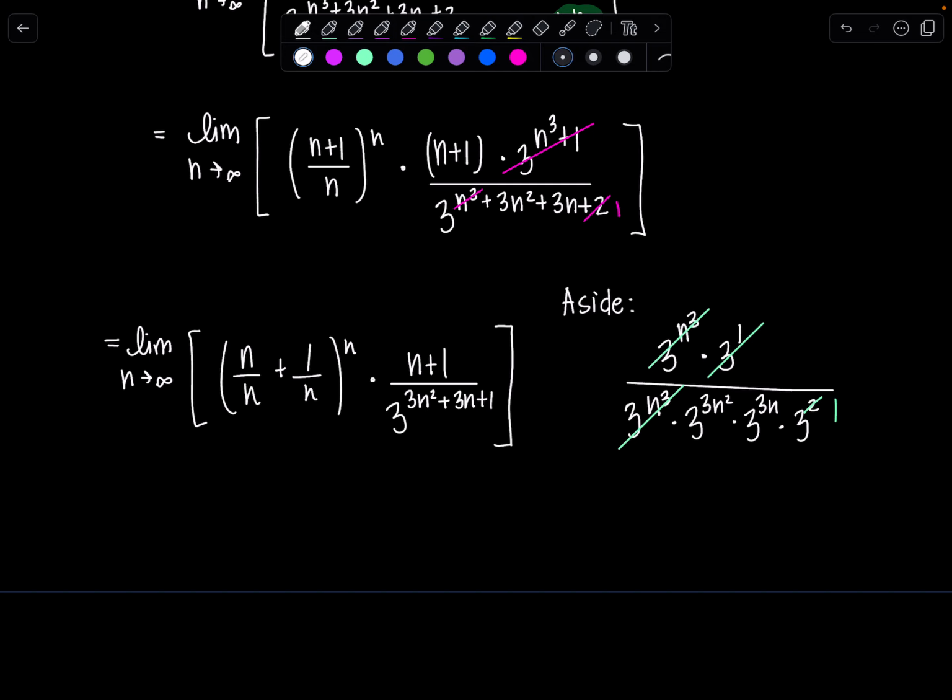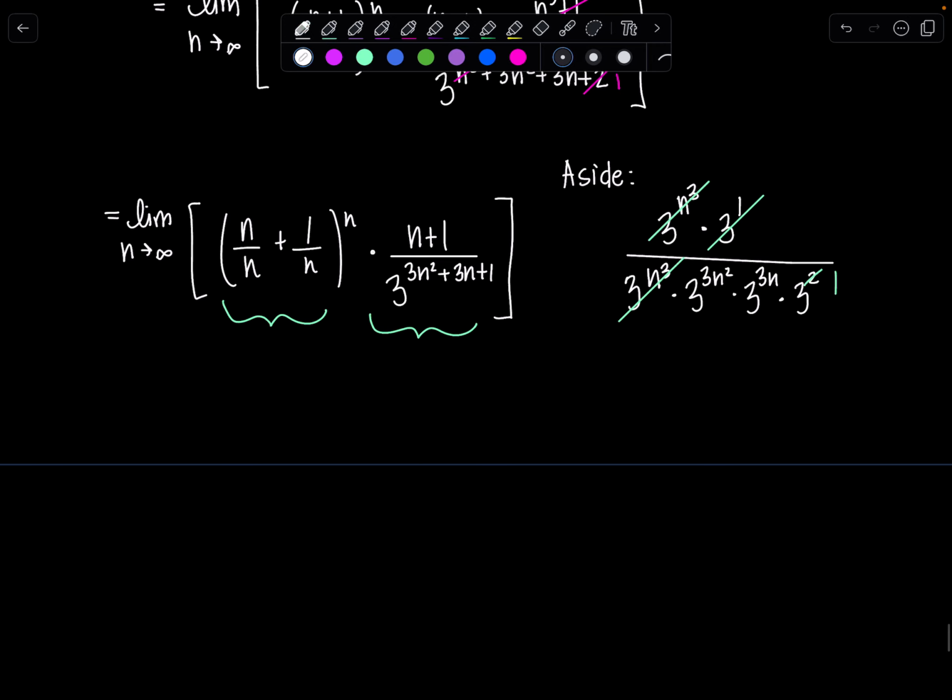Focus on the limit of each of the factors here in the limit separately. Do you recognize what that first term is going to approach? This is the limit as n approaches infinity, 1 plus 1 over n raised to the n. That approaches e. That's our definition for e, Euler's constant, as n gets arbitrarily large.